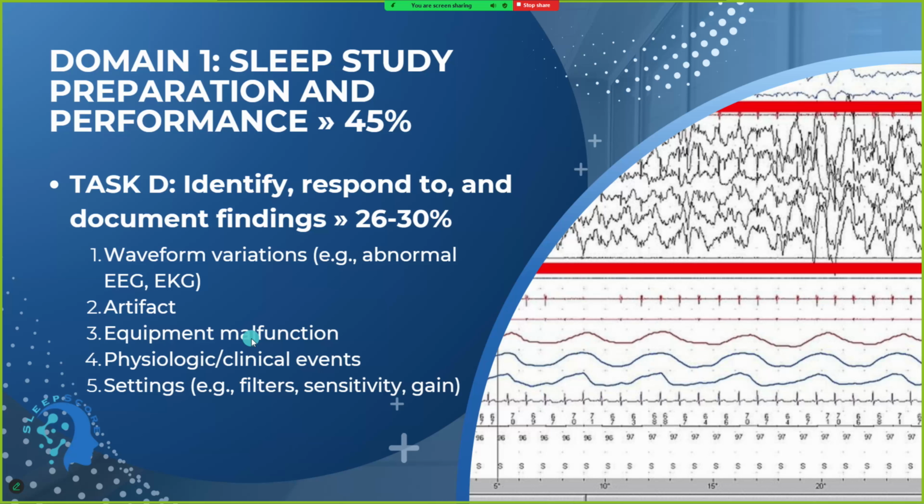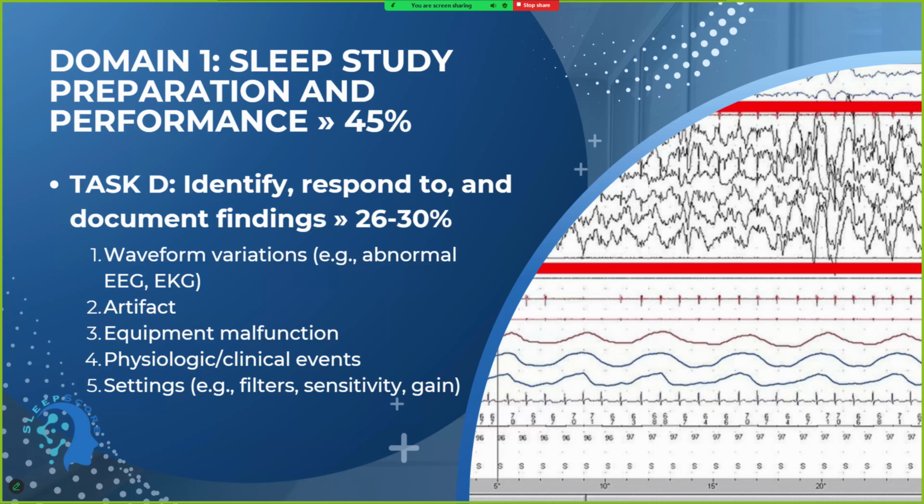Equipment malfunctions means that if the equipment is not working at the time, you have to know in general how to fix it. Physiologic and clinical events: you need to know about those. You have to understand your patient, their situation, their history.